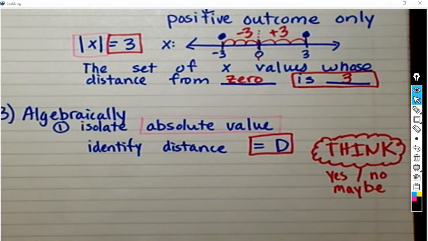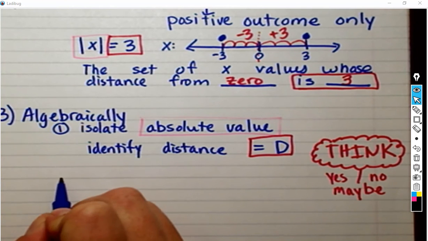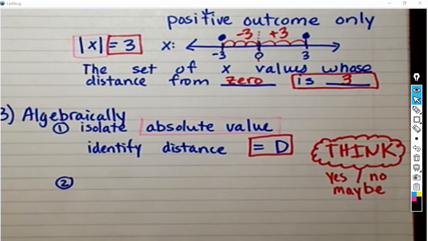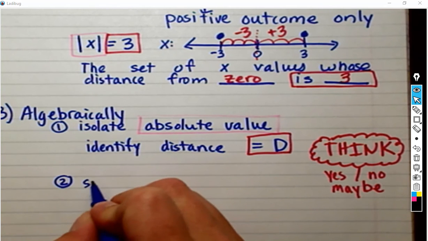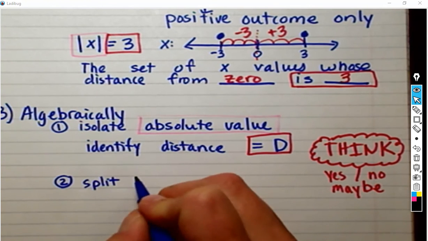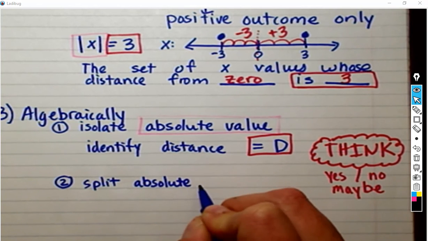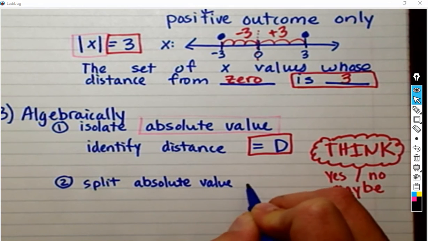It's going to be a question that you're going to answer, because we're going to think about what we're doing before we do it. 2. Once I isolate my absolute value and identify my distance and think about it for just a second, then I'm going to split the absolute value equation.